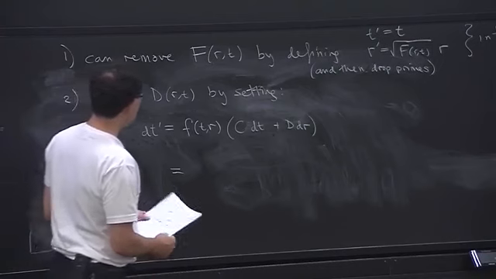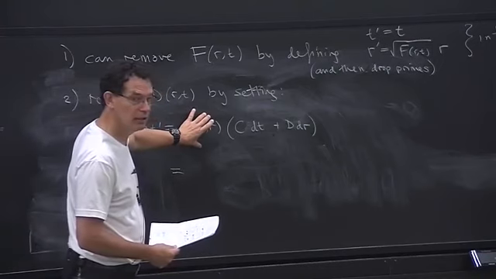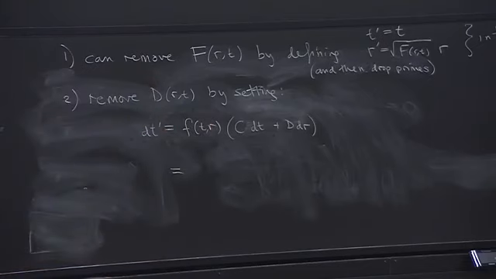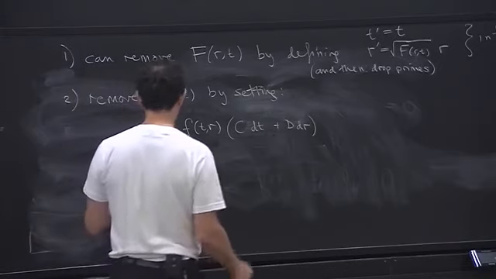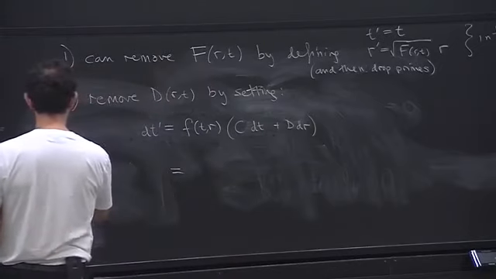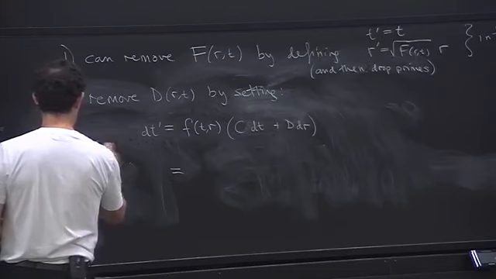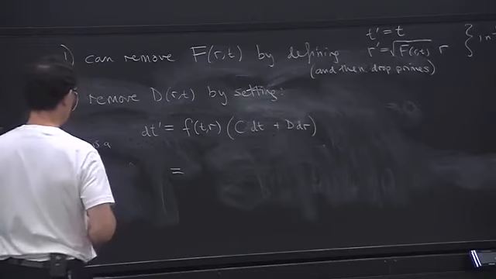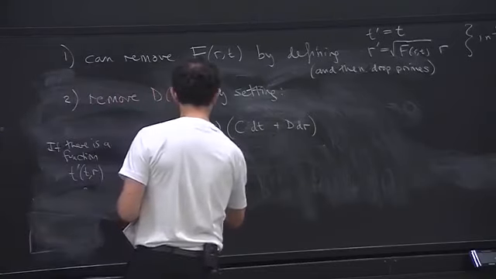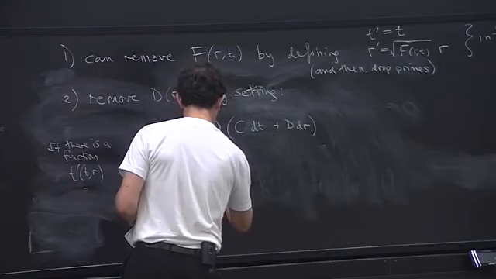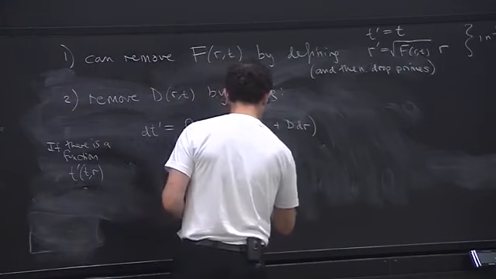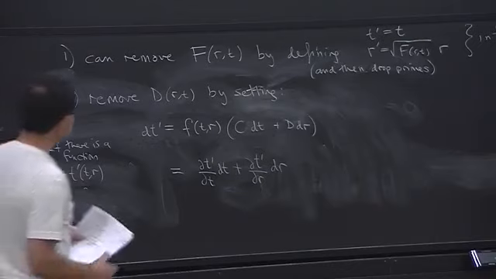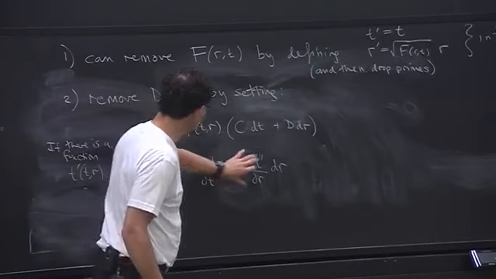And this function f is completely free in this transformation. It is determined by the fact that this must be a consistent coordinate transformation. So if there is a function t prime of t and r, then it follows that dt prime is dt prime by dt times dt plus dt prime by dr times dr. But if that's true, then dt prime by dt is this, and dt prime by dr is that.